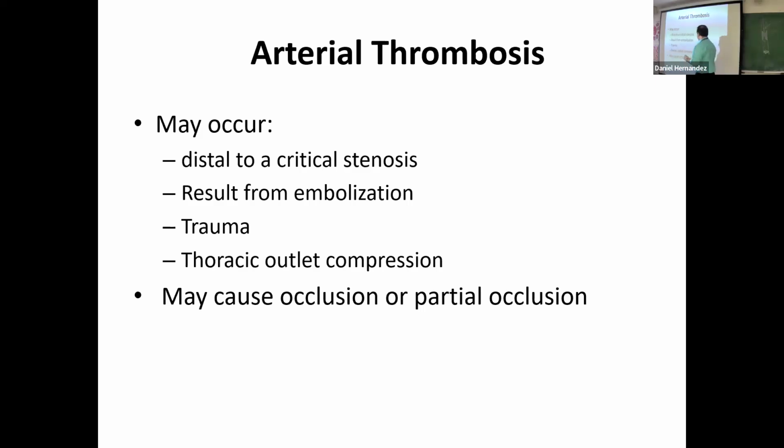So with thoracic outlet compression, that's when we get compression of the vessels in the upper extremity between the first rib and our scalene muscle. So it could be in different positions where the patient puts their arm in a different position. That leads to compression of the subclavian vessels in the thoracic outlet.